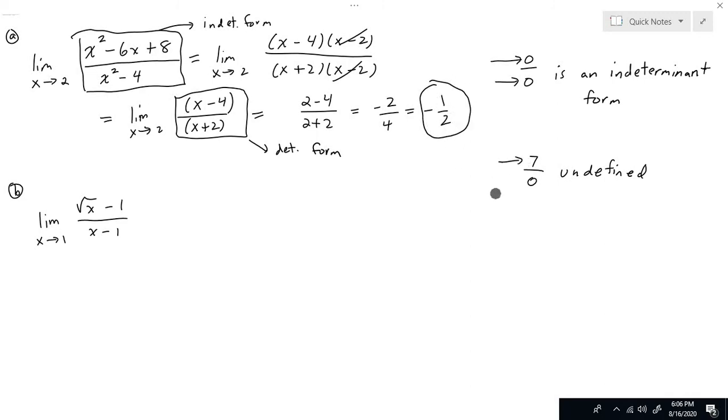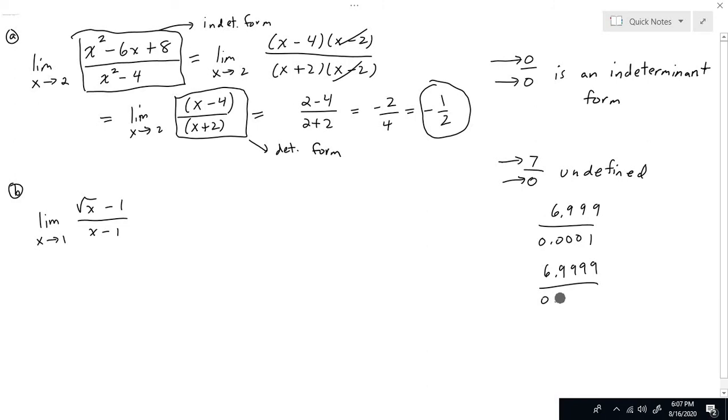But if you have a number approaching 7 divided by another number that's approaching 0, then what's really happening is something like this. Just plug this into your calculator to convince yourself. This number is just going to blow up.